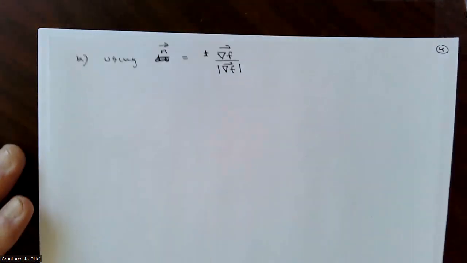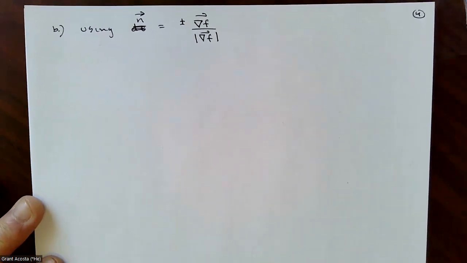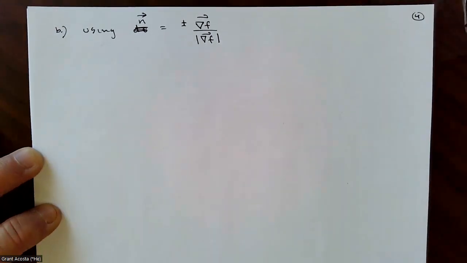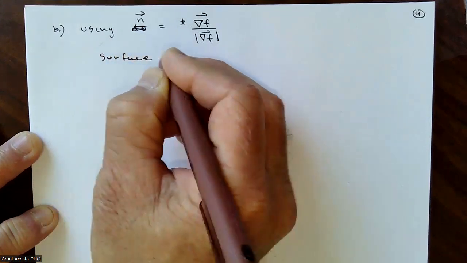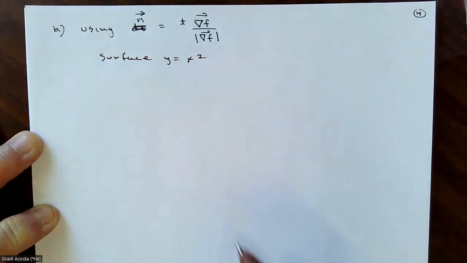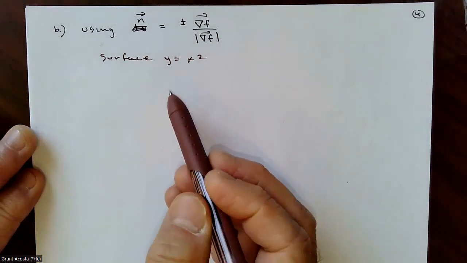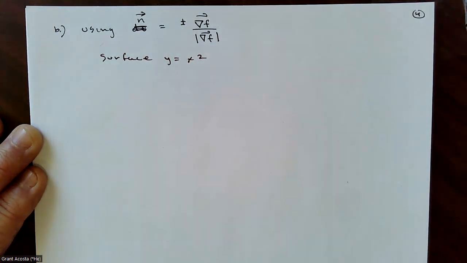Now let's see what this calculation looks like if I use the gradient method. Same function. So remember that this is on the surface y equals x squared. We have that same projection region. Actually, maybe need to redraw this.